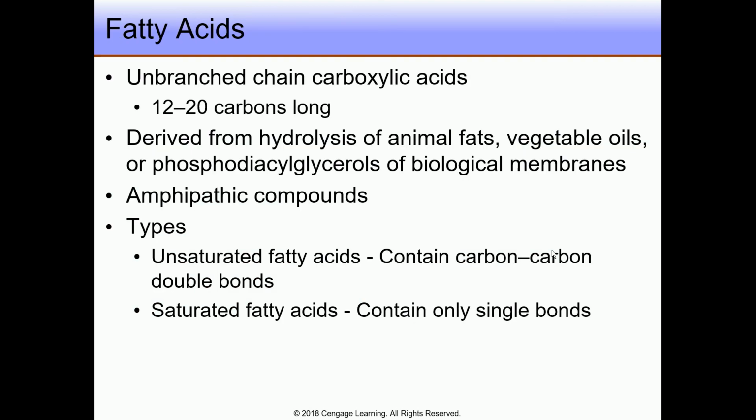Fatty acids are basically a long chain of carbons and hydrogens. At the end, they have a functional group called a carboxyl group, which is a COOH group. We discussed this in the previous chapters also. Specifically, when we talked about proteins, we said they are made of monomers called amino acids.